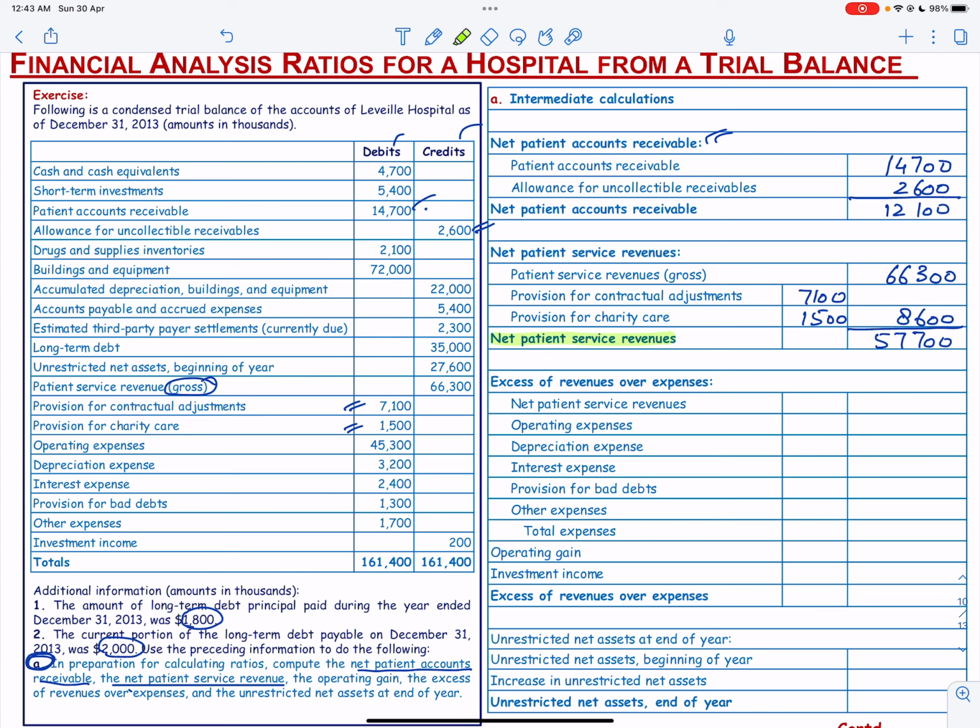Next we have the operating gain, and operating gain is excess of revenue over expenses. Now how much is the revenue? Revenue is, just now we have calculated, 57,700.